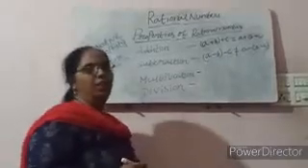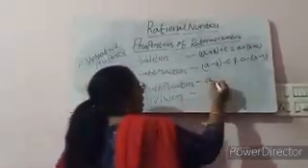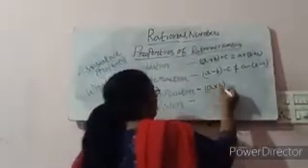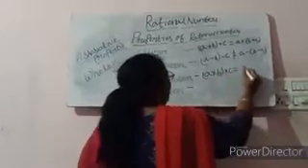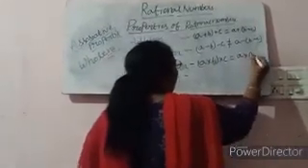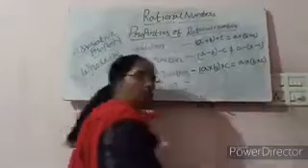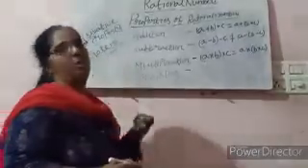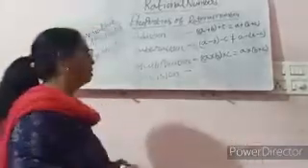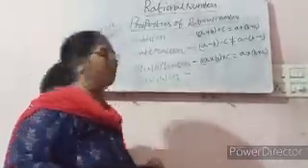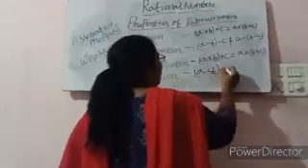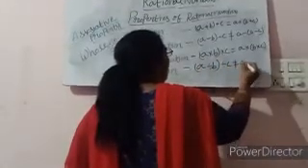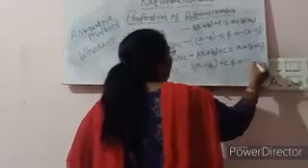Coming to multiplication. (A into B) into C should equal A into (B into C). They both are equal. So multiplication satisfies the associative property of whole numbers. Now coming to division. (A divided by B) divided by C is not equal to A divided by (B divided by C).